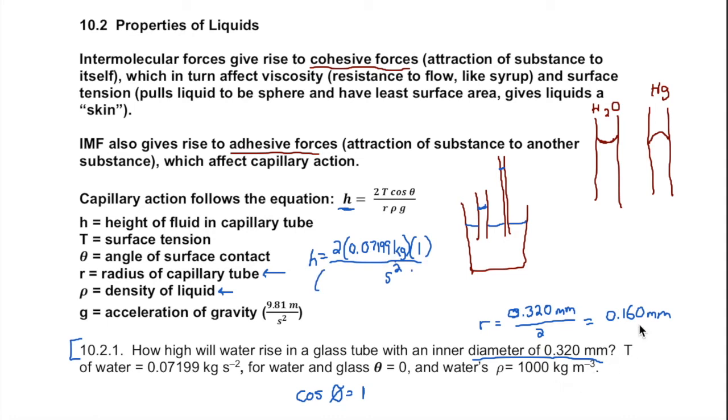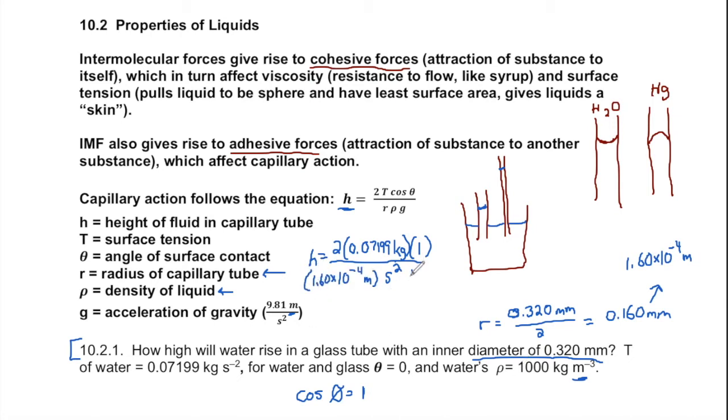So for the radius, I have this in millimeters. I can see that we have a bunch of meters that are going to be in the other units of this equation. So I'm going to go ahead and convert this 0.160 millimeters to meters, and I'm going to say that it's 1.60 times 10 to the negative 4 meters.